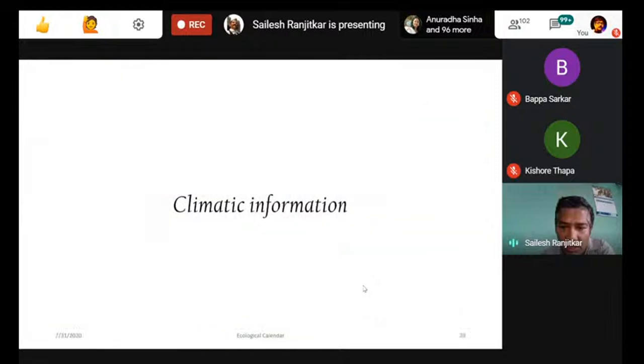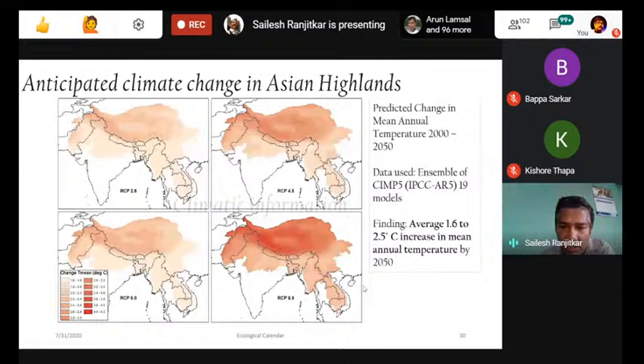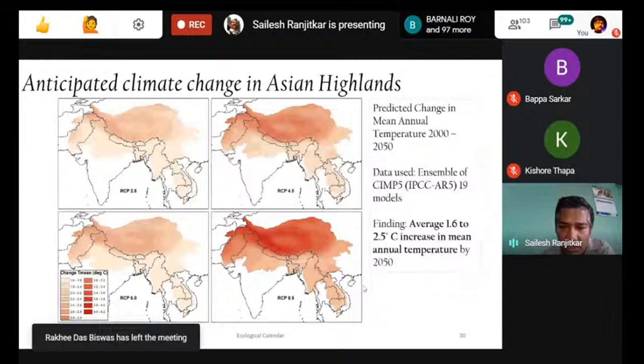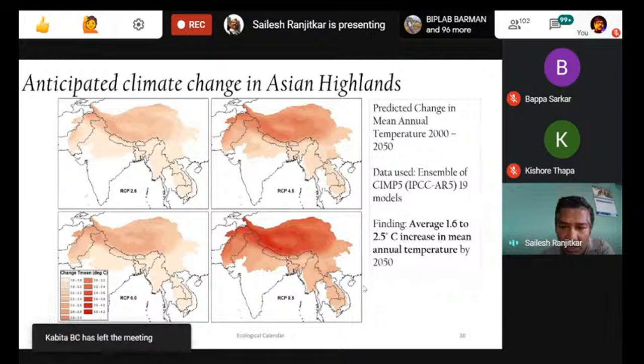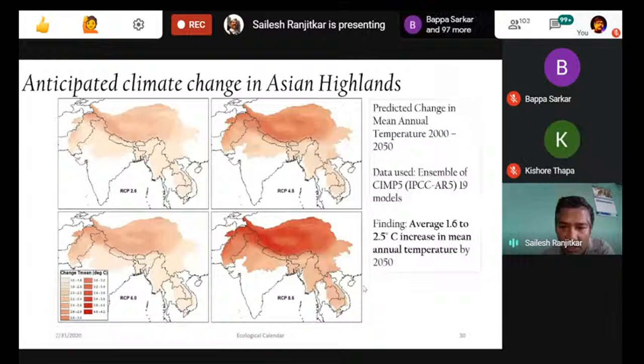Now, another piece of information comes from climate. We already heard about climate and climate change in the earlier presentation, so I will skip a lot of it here. There are a lot of climate change scenarios at present, and we assembled those data, around 19 models. Based on that, we found a 1.6 to 2.5 degrees Celsius increase in the mean annual temperature by 2050.